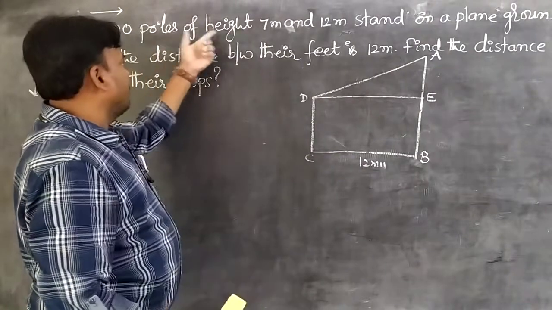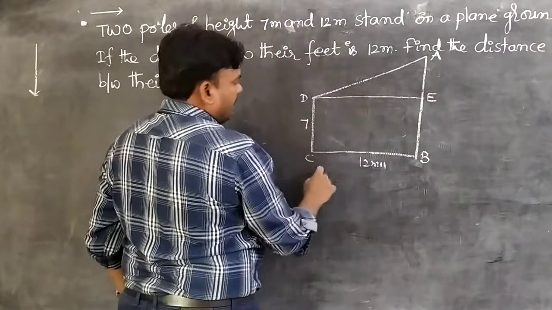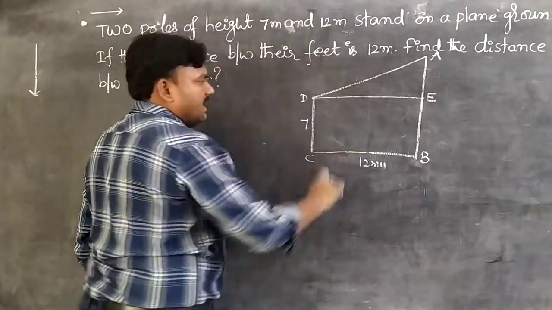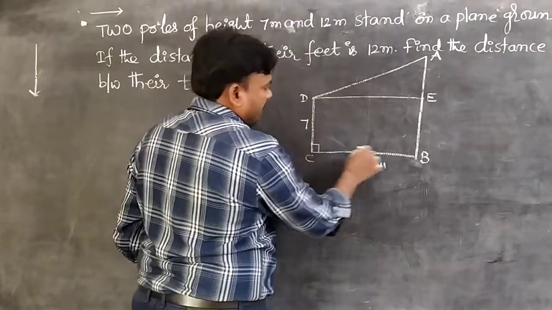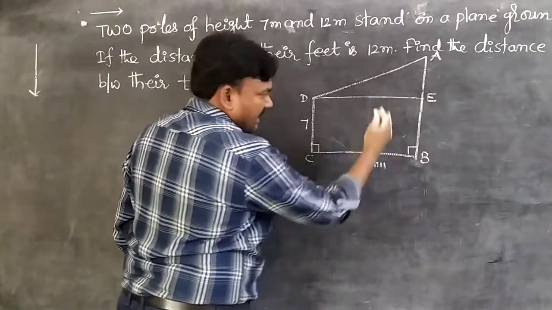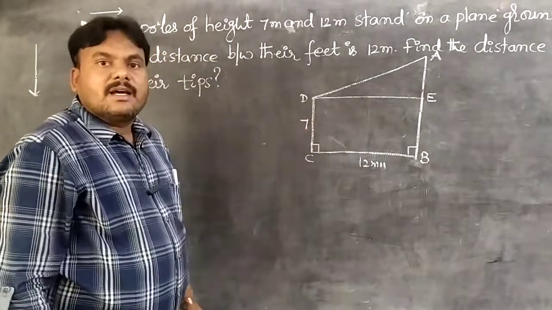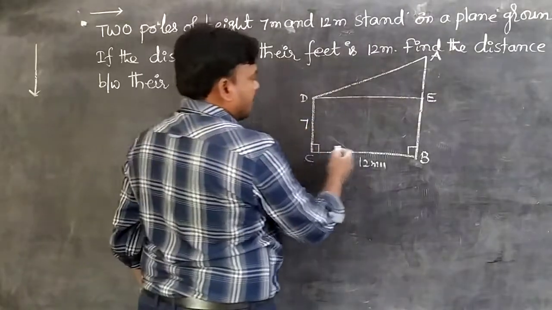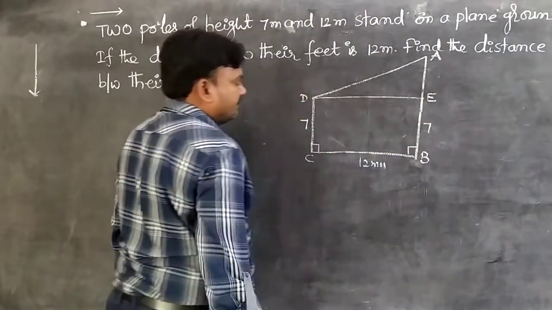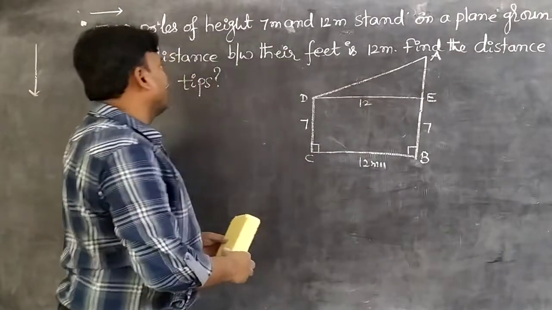What about the small pole value? 7 meters. Automatically, here observe BCDE is a right angled figure. A pole can always be expressed vertically, which means all angles are 90 degrees, so BCDE is a rectangle. So CD value is 7, automatically BE is also 7. Here BC is 12, here also 12. Observe the second pole value.